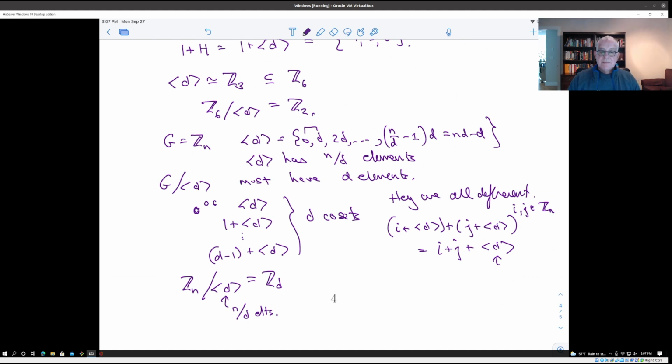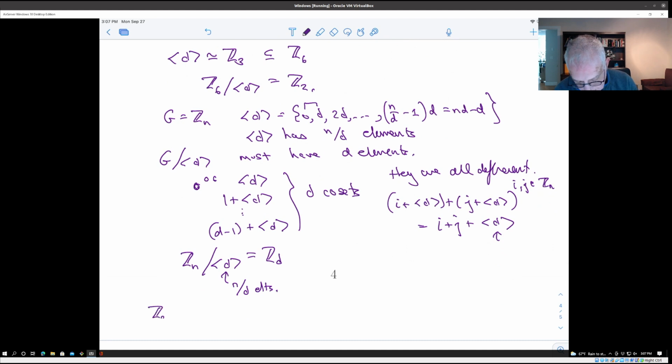So in this way, we get relationships between the different Zm's. Basically, if you look at Z20 and you mod out by the cyclic subgroup generated by 5, you get Z5.